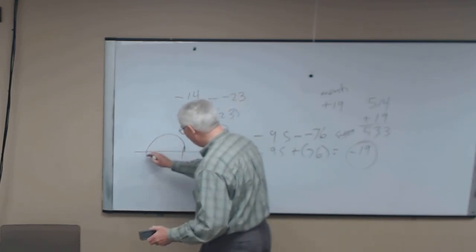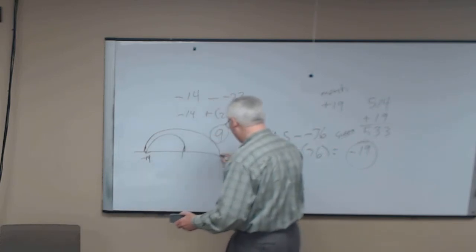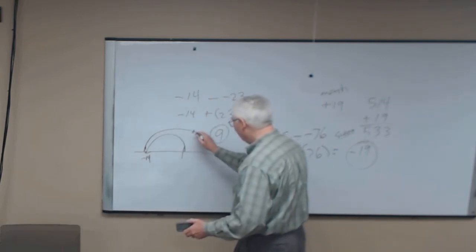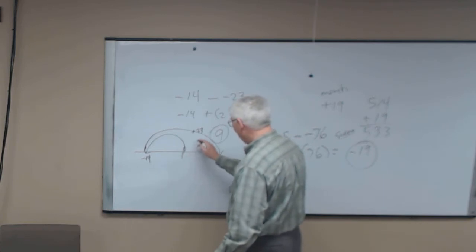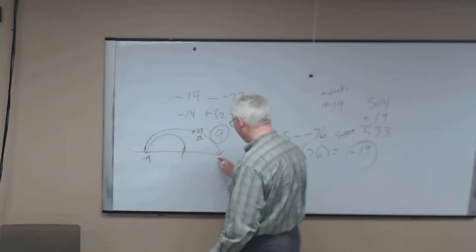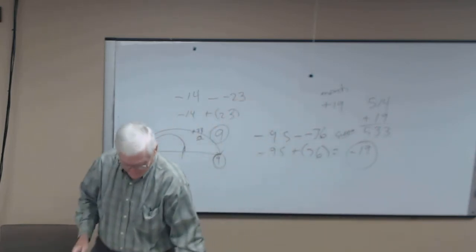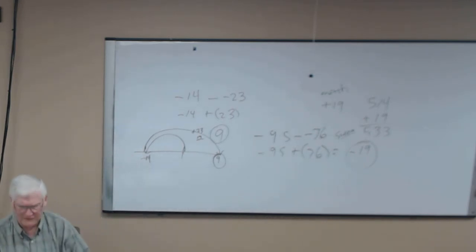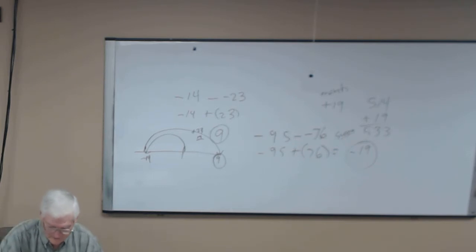Go 14 to the left. And then go 23 to the right. And where do you end up? Back to 0. And then from 14 from that would be 9. Anytime you look at an answer and you say, that doesn't feel right, just draw a little number line and draw a picture of it, and it'll help settle it in your mind.